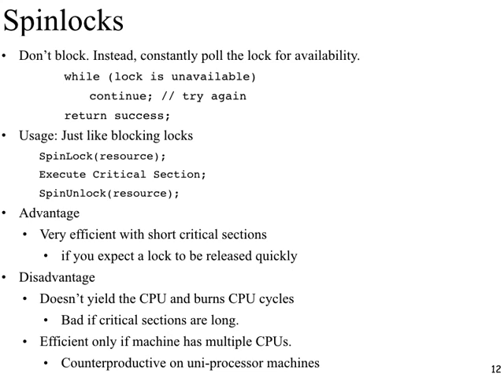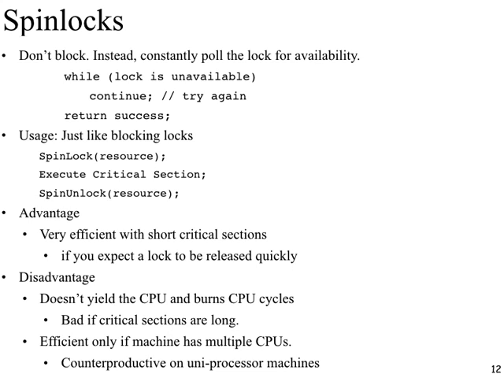Also, spin locks work efficiently only if you have more than one CPU. If you have multiple CPUs, then one thread could be spinning on the lock on one CPU while another thread could be making progress on the critical section on another CPU.